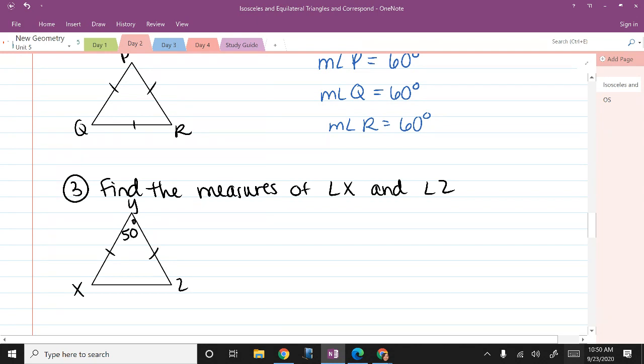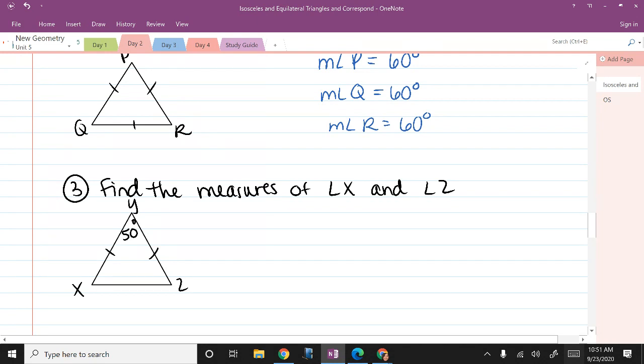They're base angles. So what is this 50-degree angle up here? The vertex angle. So what do we know about base angles? If it's an isosceles triangle, then the base angles are congruent. I don't know what they are, but I know they're congruent. Does anybody have a thought process that we can maybe use?